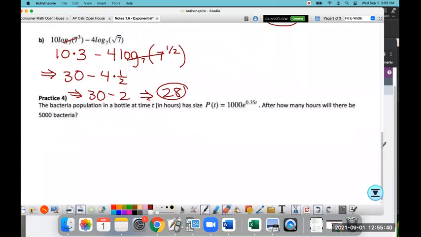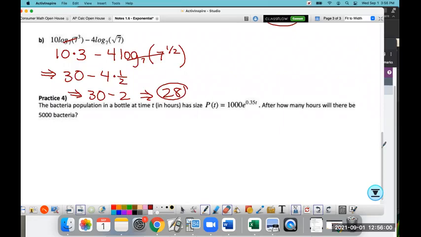Okay, last one, practice 4. The bacteria population in a bottle at time t has size at function. So it's changing over time at an exponential rate. After how many hours will there be 5,000 bacteria?